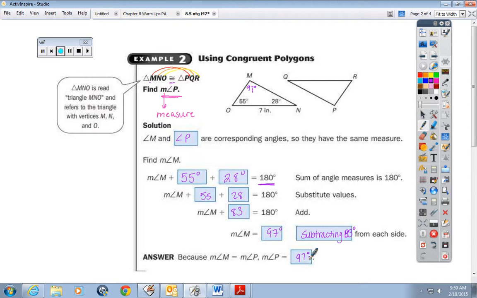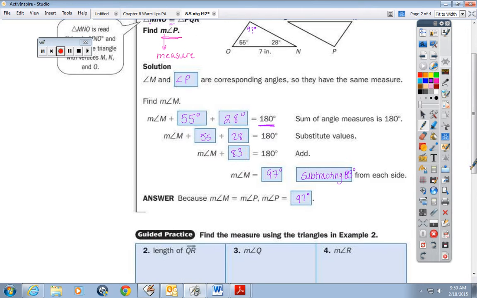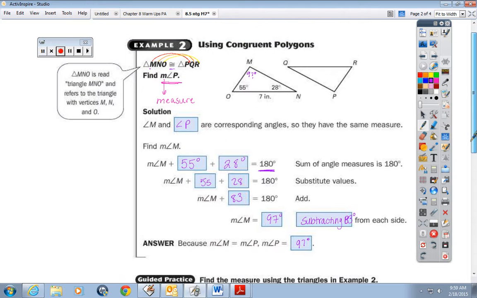Okay, now we go down here to the guided practice. It asks us to find the length of QR. Okay, so I'm going to go back up here, and QR is right here. So I want to find the measure of QR. Well, that's here. QR. I don't know that. But what I do know is, what does QR up here correspond to?